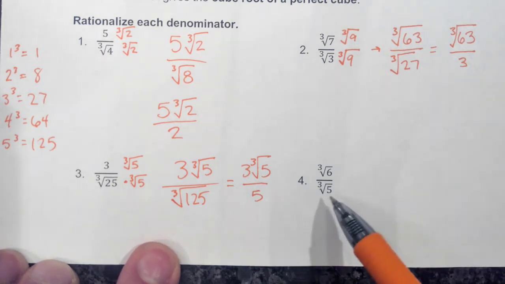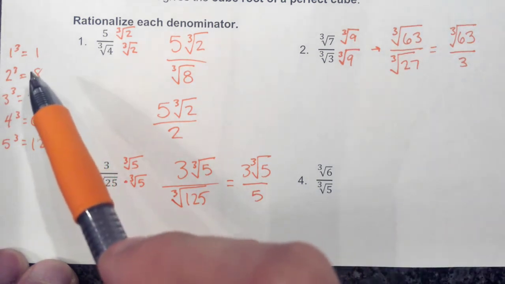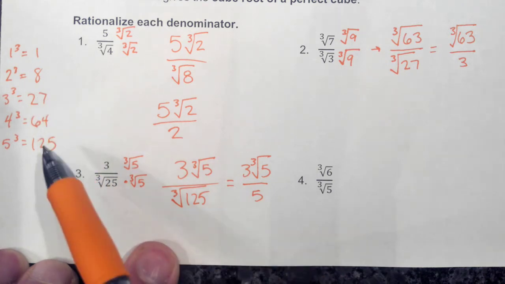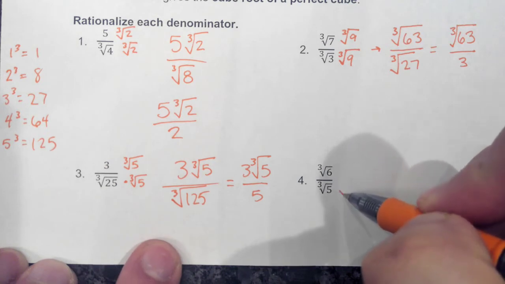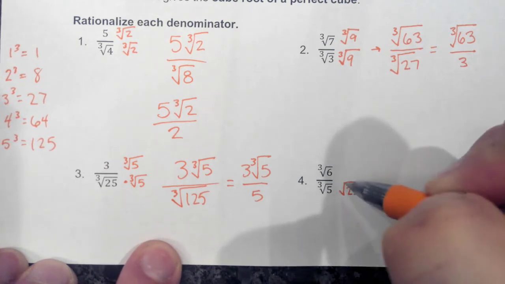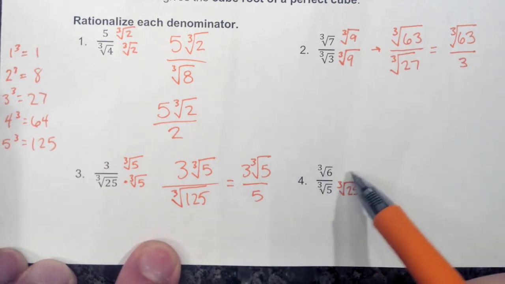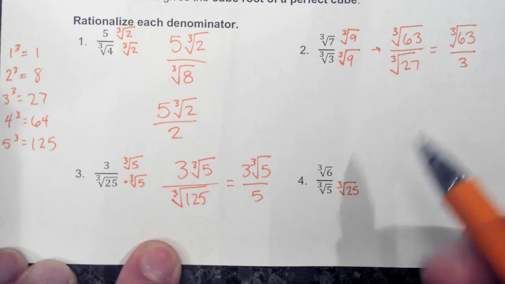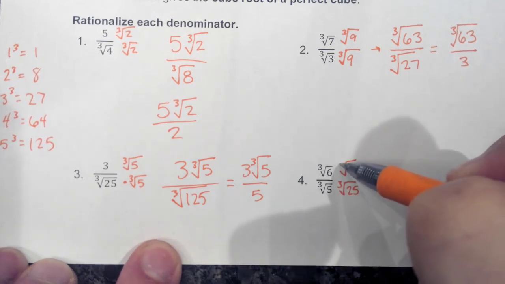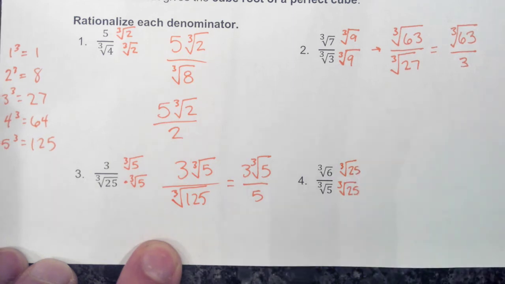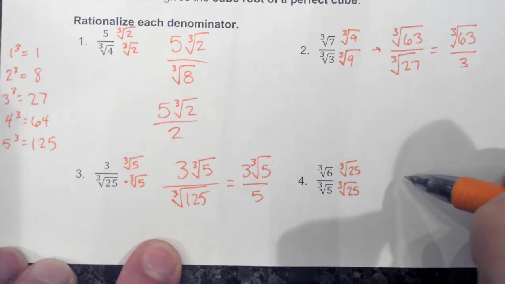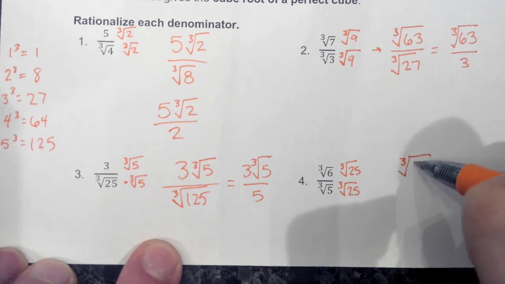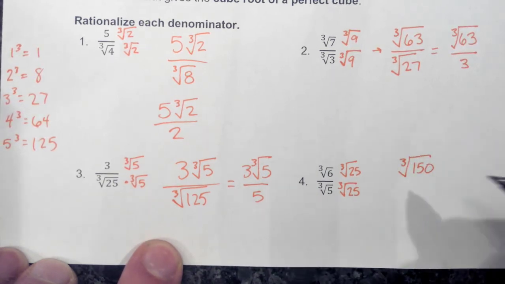If we look at 4, I can't multiply 5 by anything to get to 8, 27, or 64, so again, I need to make it 125. So 5 times 25 is 125, so I'd multiply the cube root of 5 by the cube root of 25. And then again, we'd have to do that to the top as well. 6 times 25. If you had 6 quarters, that would be $1.50, so it's going to be the cube root of 150.